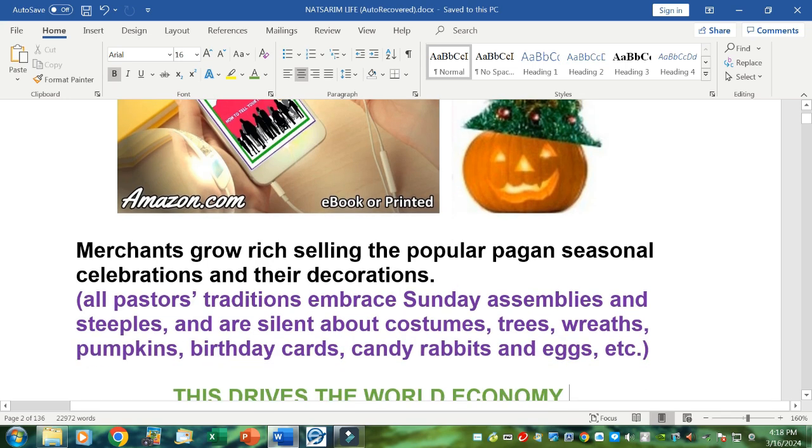Merchants grow rich selling their popular pagan seasonal celebrations and their decorations. All pastors' traditions embrace Sunday assemblies and steeples, which are forbidden at Leviticus 26, verse 1.